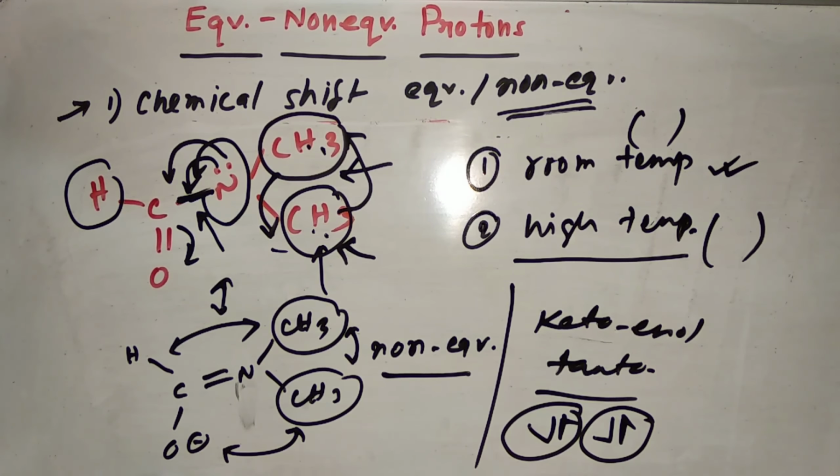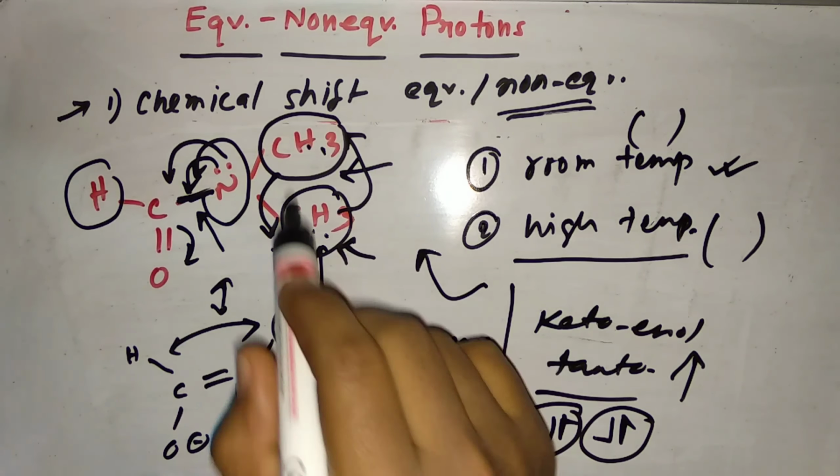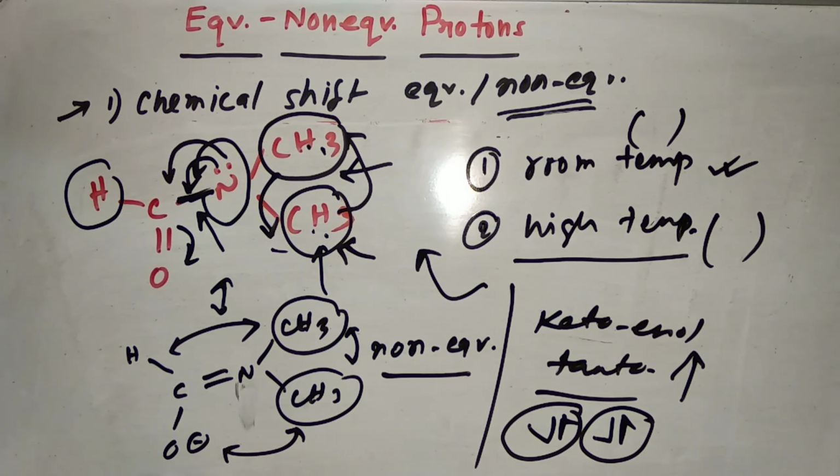So at high temperature, in the keto and enol form, the hydrogen near the keto group may behave as chemically equivalent, but at low temperature it behaves as non-equivalent. Okay, so this kind of thing you can face in different kinds of examinations. So systems like this show both chemical shift equivalency and non-equivalency depending upon the temperature.